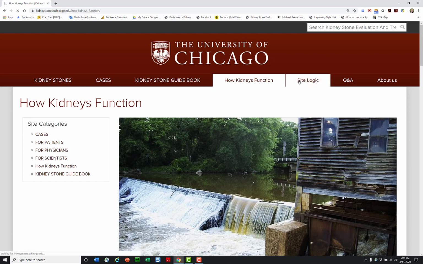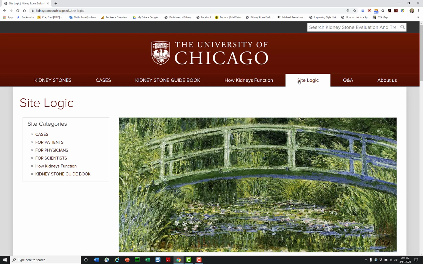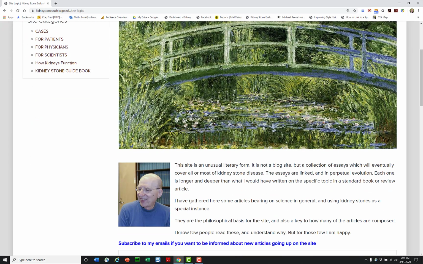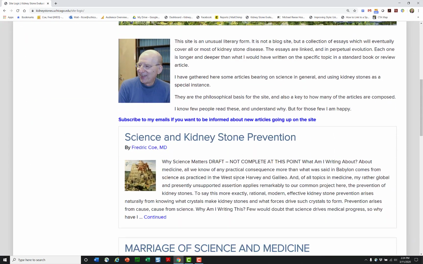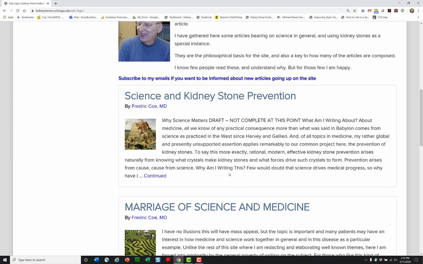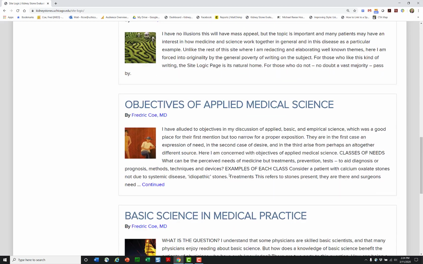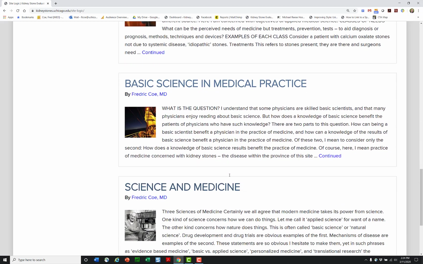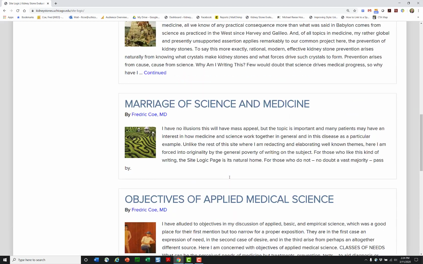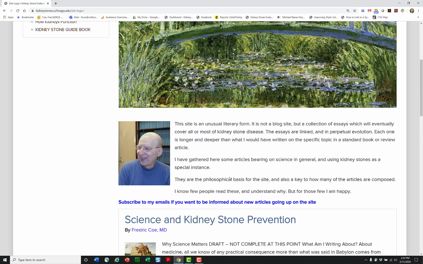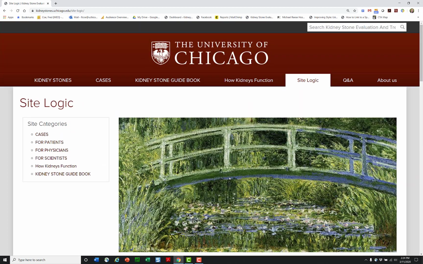This tab is very different from all the others. It contains a set of articles on science and medicine, which interests me. They don't do much for patients. I don't know if the scientists who come to the site read them.